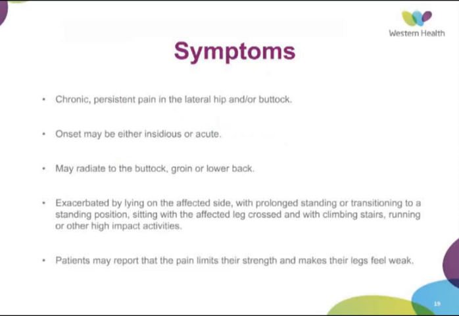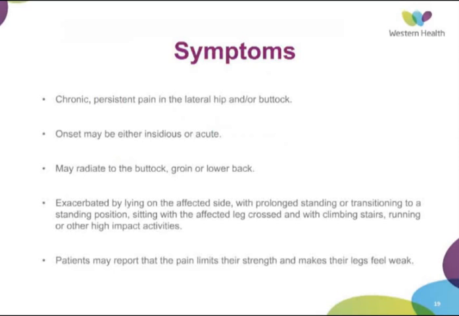In terms of symptoms, the patients normally present with a chronic and persistent pain in the lateral side of the hip or the buttock. Normally the onset is insidious, but in some cases they may present with an acute pain. The pain may radiate to the buttocks, groin, or the lower back, but as I said, doesn't go below the knee.